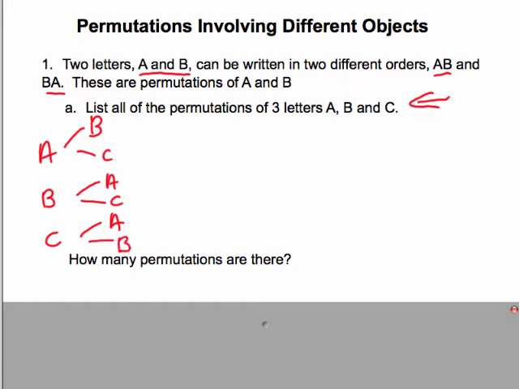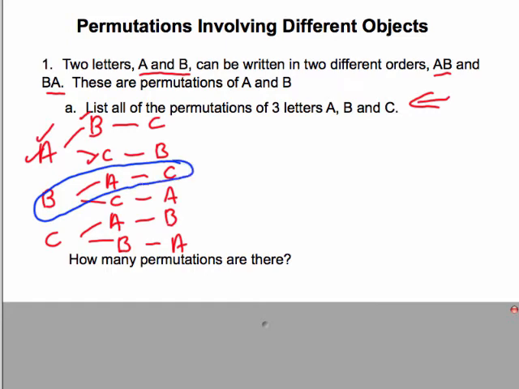And then for the third letter, I could have A, B, which would make my third letter C, or A, C, making my third letter B, and so on. And so I can see that I have 6 possibilities, just highlighting one possibility there.